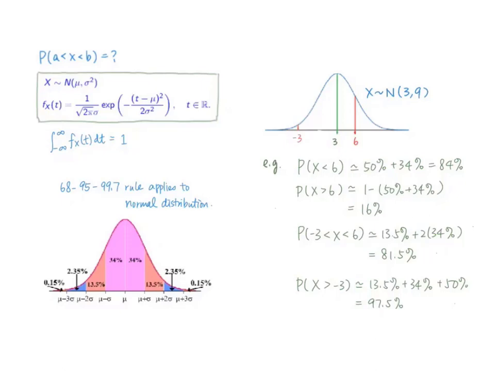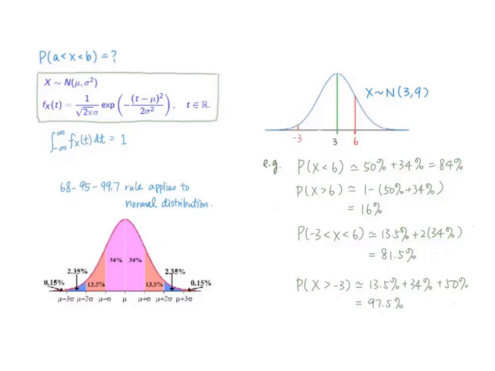Besides, we have the 68, 95, 99.7 rule, which states that the probability that the value of X is within one standard deviation away from the mean is 68%. The probability that the value of X is within two standard deviations away from the mean is 95%, and the probability that the value of X is within 3 standard deviations away from the mean is 99.7%.